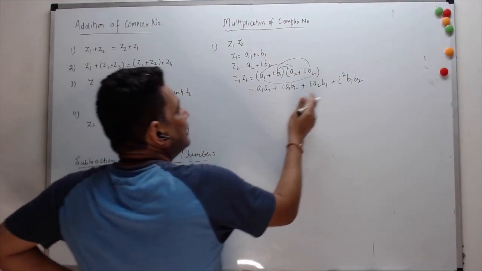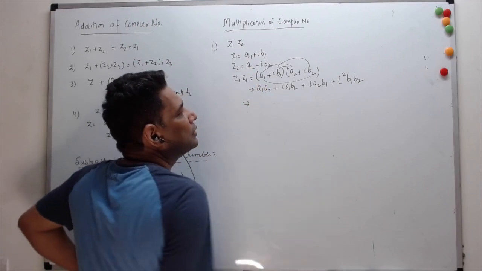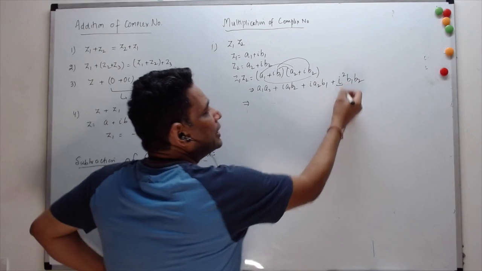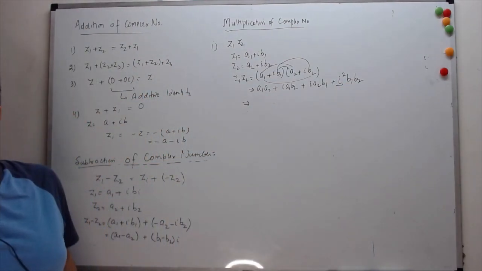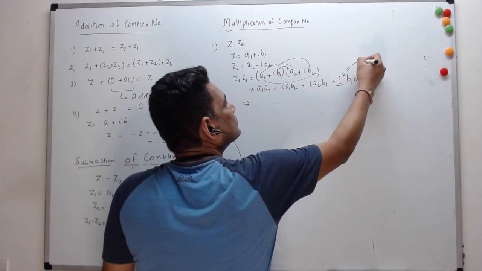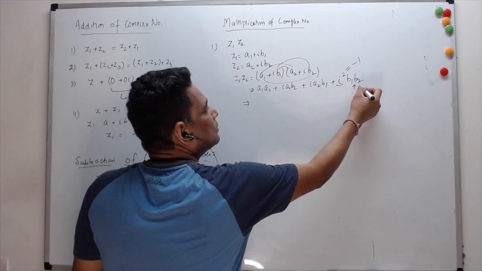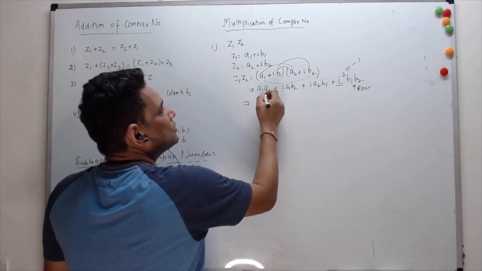Yeah, so in the end, this I square is equal to negative 1, and that makes this part real, and this is also real.